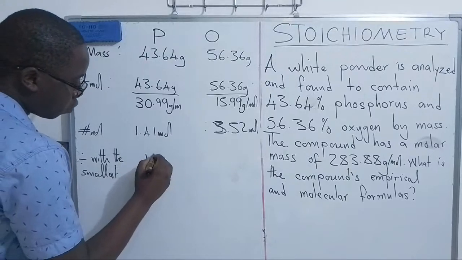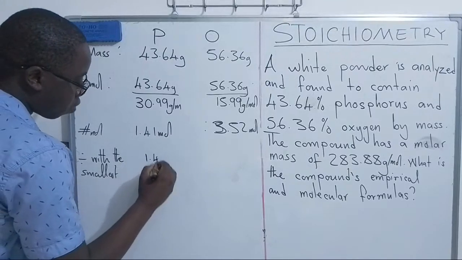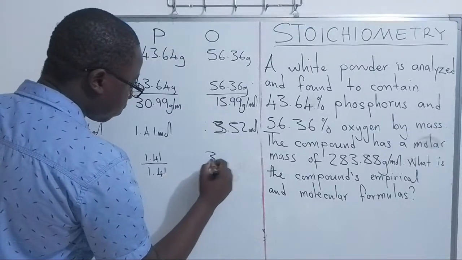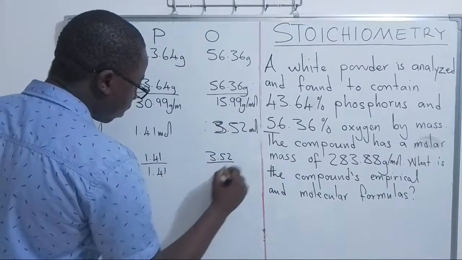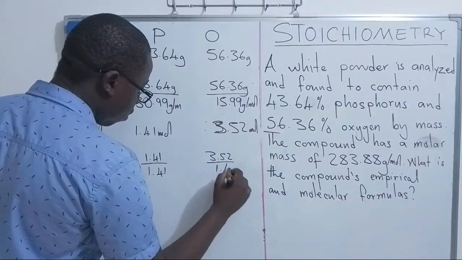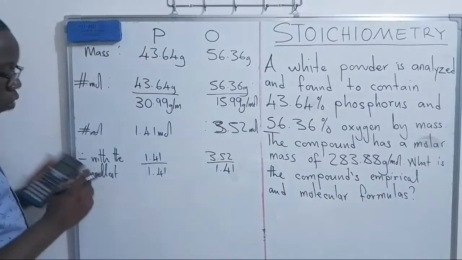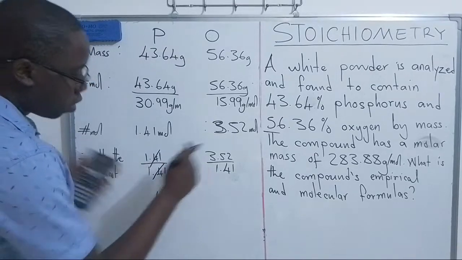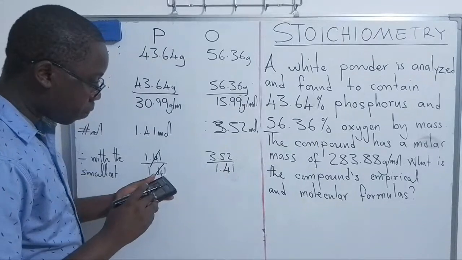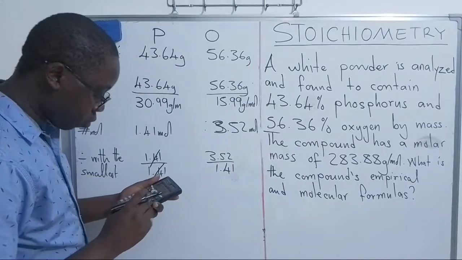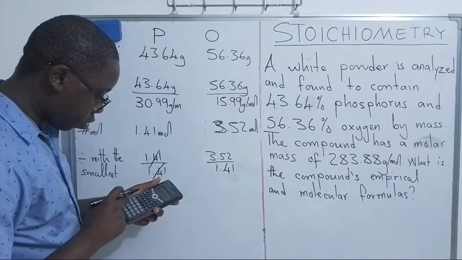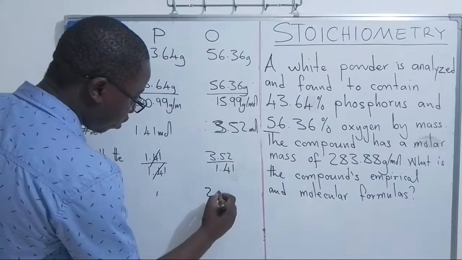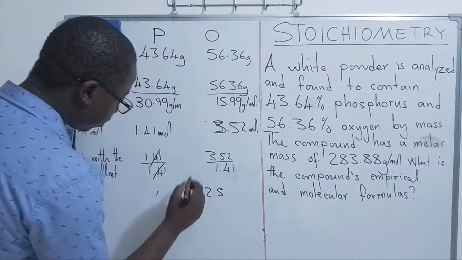So 1.41 divided by 1.41 gives 1, and 3.52 divided by 1.41 gives us 2.5 as the ratio.